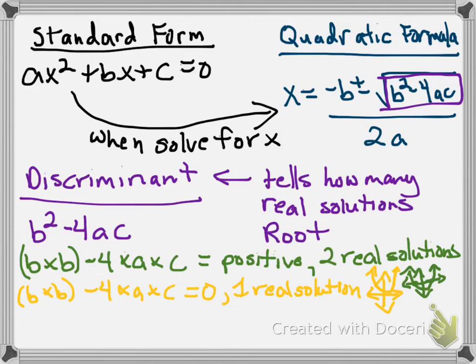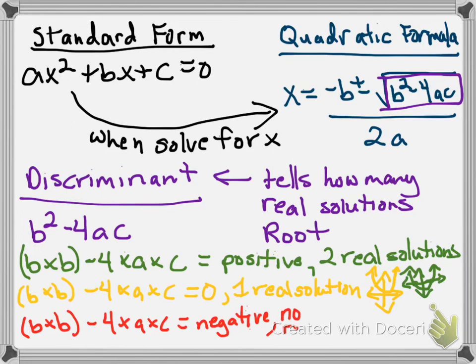And then the last possibility, which I'm sure you can guess where this is going, if you have b times b, and then a negative 4 times a times c, and this is negative, we'll say that that has no real solutions.